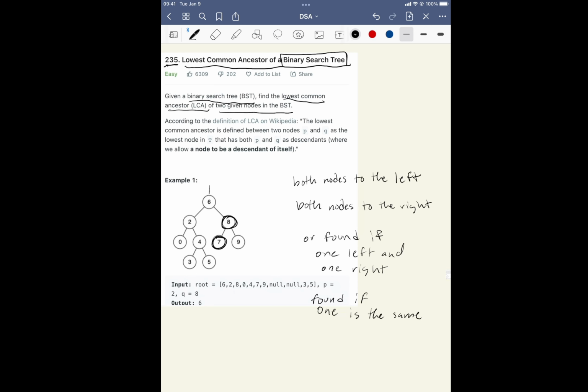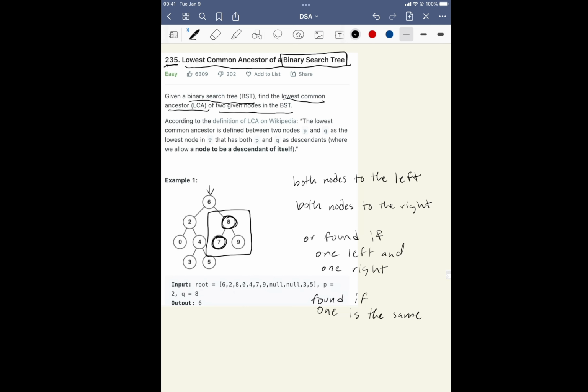I start at the root. Now I can either find my nodes to the left or to the right. They're not to the left because 8 and 7 are both greater than 6, so they're both going to be to the right. So I look to the right.